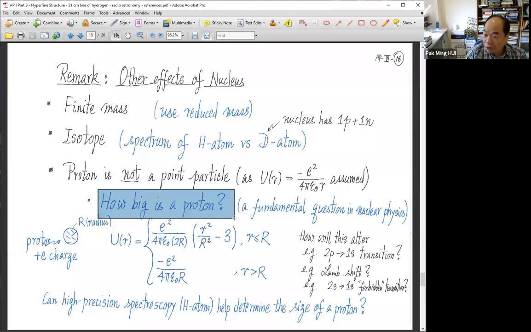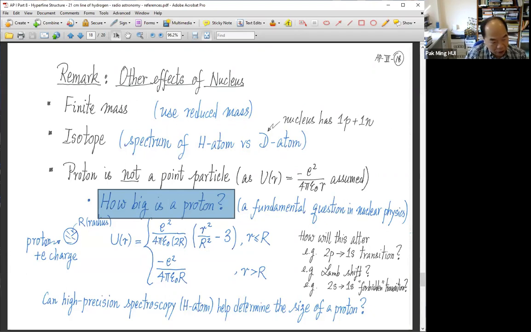So this is a very good scientific question if you think about it. Proton, after all, electron, proton, neutron, are the first few particles found, right? This is subatomic. But up to now, we are not so sure about how big a proton is.